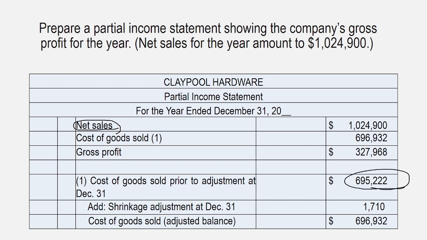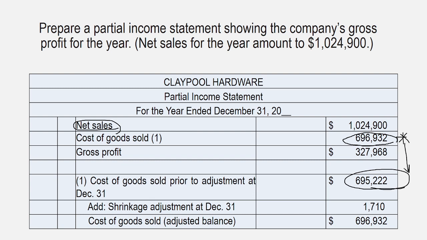We try to find how we arrive at the 696,932 cost of goods sold. To find this amount, we need to make these operations.